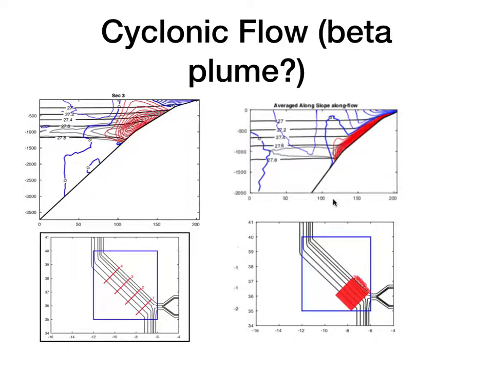And the purpose is just to try to summarize the main points of the vertical structure in relationship to the cyclonic flow. So here what we have is this section 3, considerably away from the entrainment zone, and here we see the average. Not only this one is the time average.